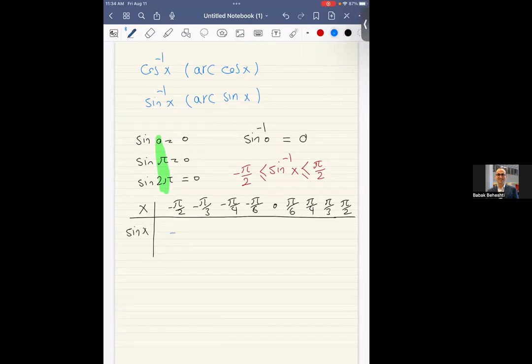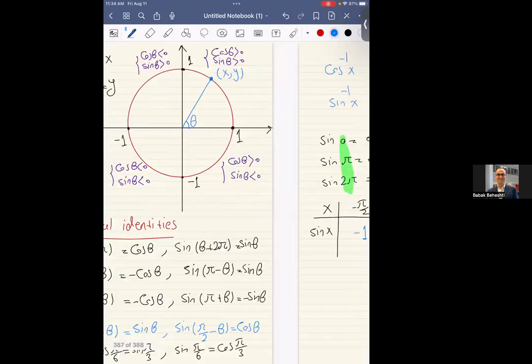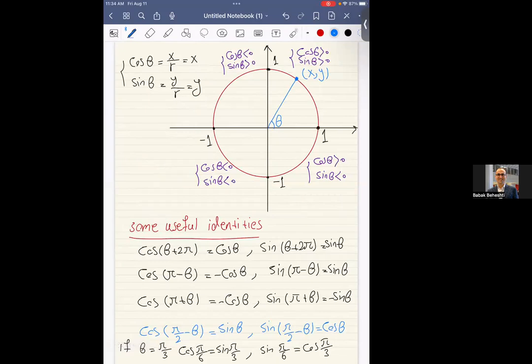Sine of minus pi half is -1. Oh, by the way, when you say minus theta, you have to go clockwise. Let me show you in this picture. This is minus theta. When you do negative angles, you go clockwise. Positive, counterclockwise.